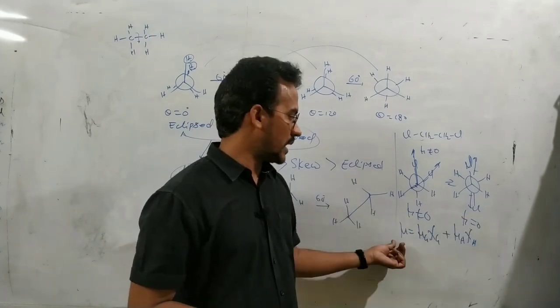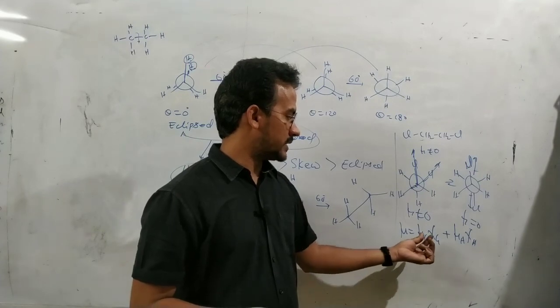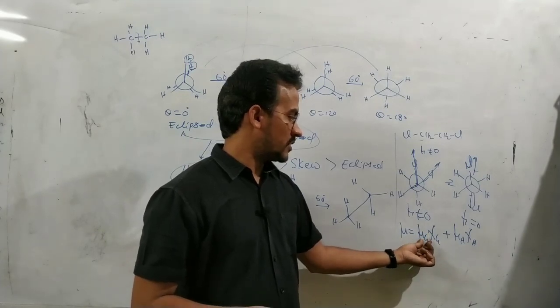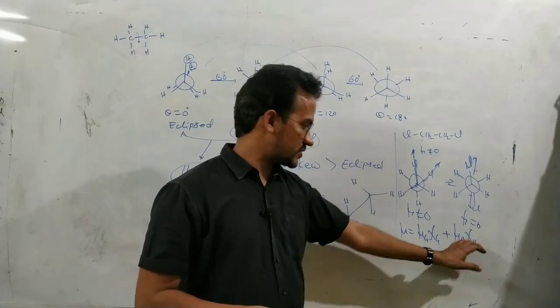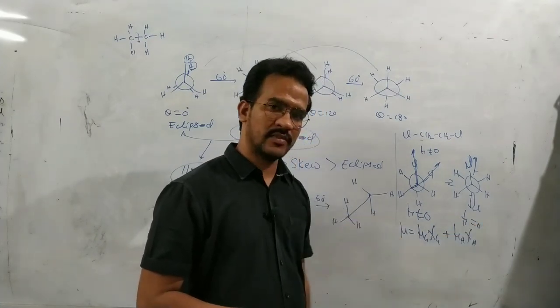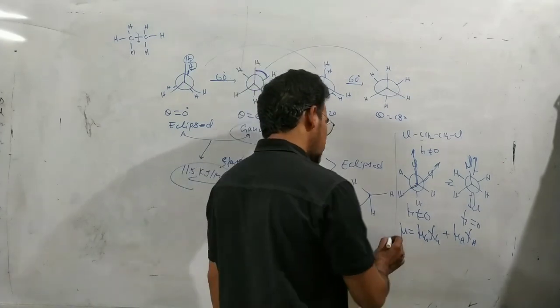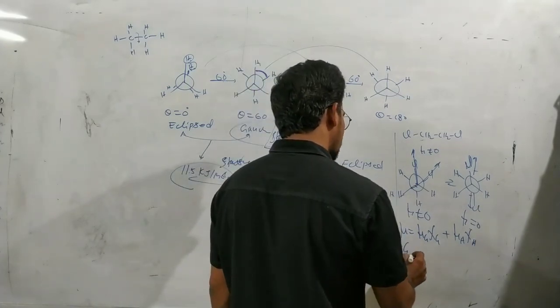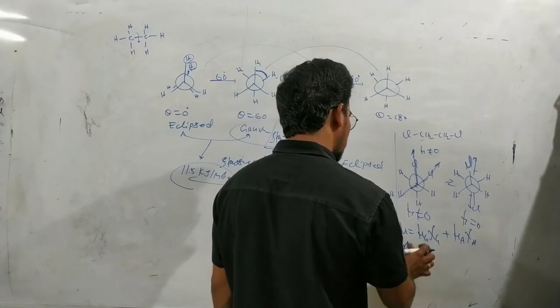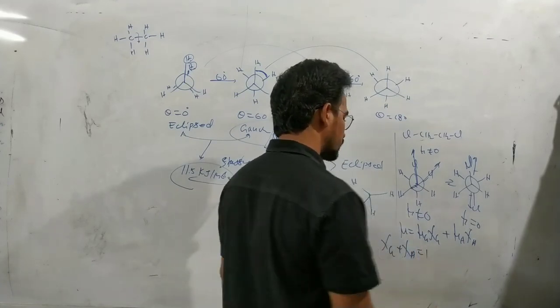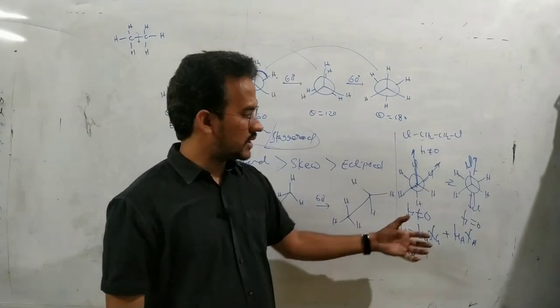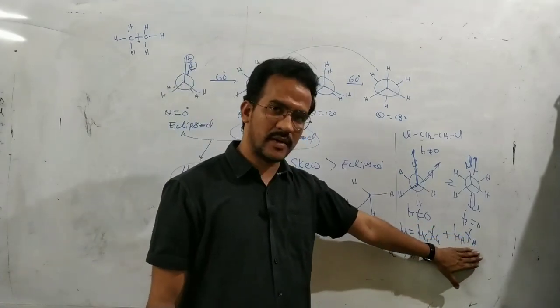If you know the total dipole moment and the dipole moment of the gauche conformation, we can calculate the mole fraction of the gauche conformation. Then the mole fractions of the gauche and anti conformations total 1.